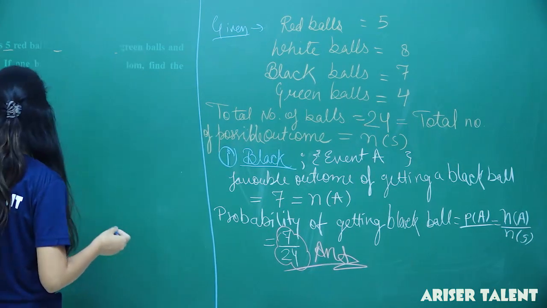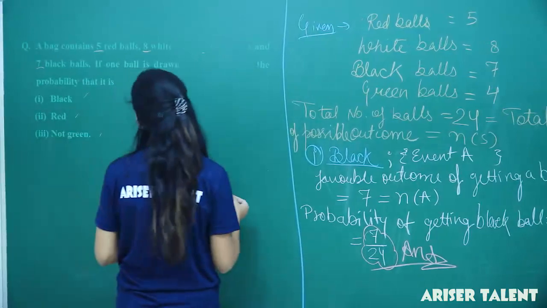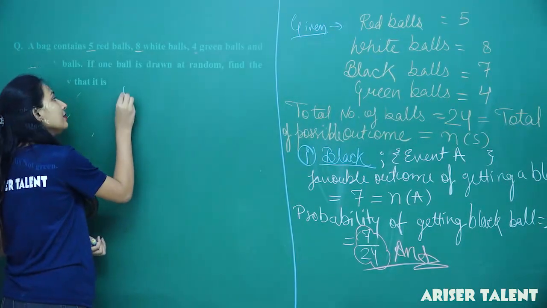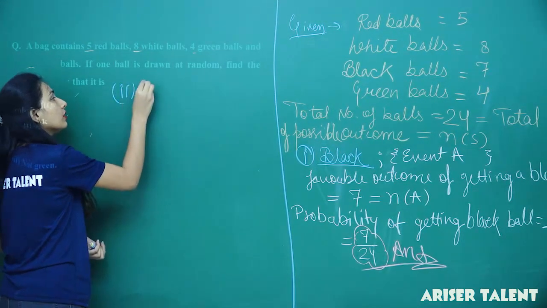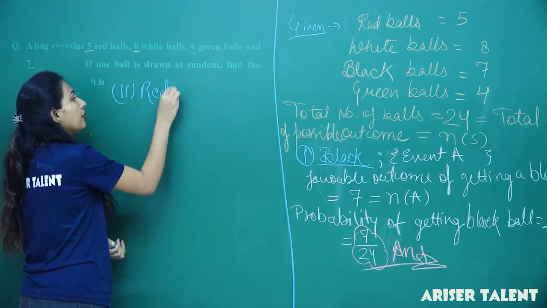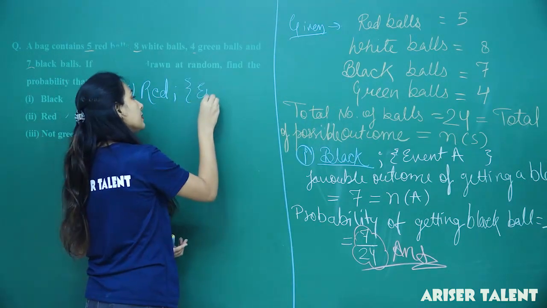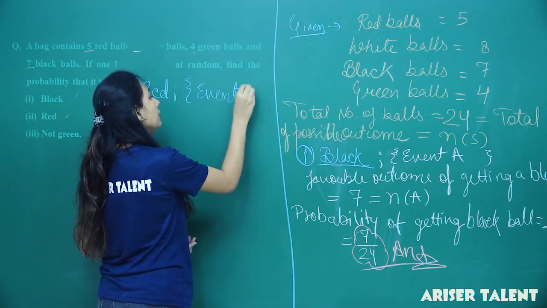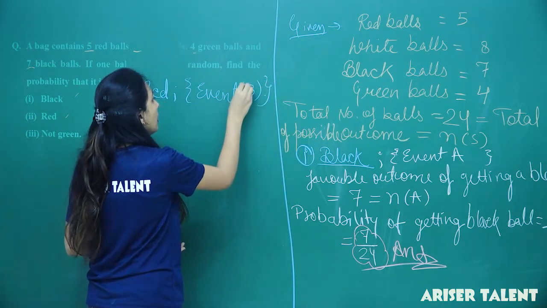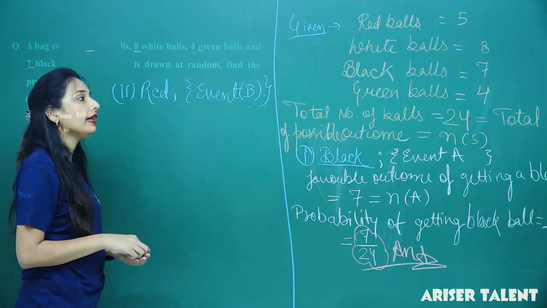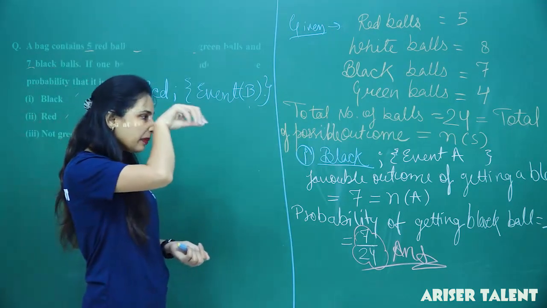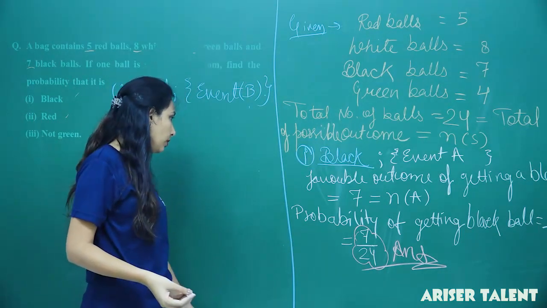Now we'll talk about the blue. No, now we'll talk about the red. There is no blue ball. Red. We'll call it as event B. Now similarly student, we know that NS will be the same, that will be 24.